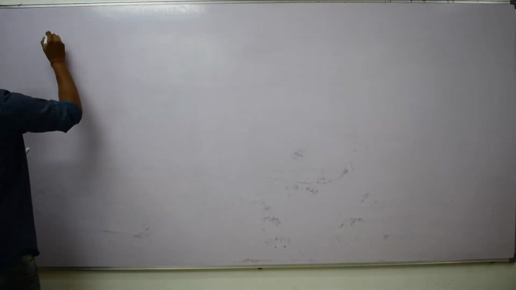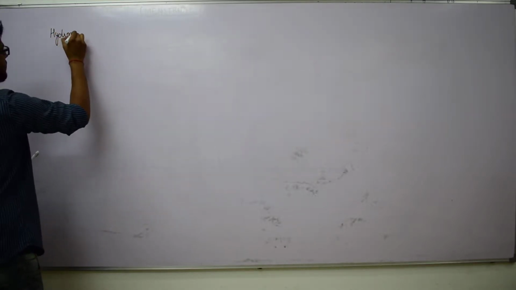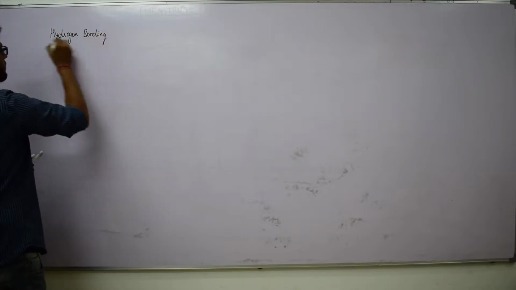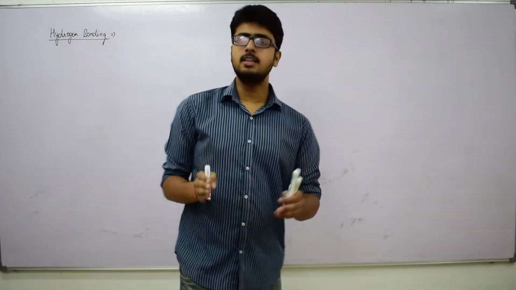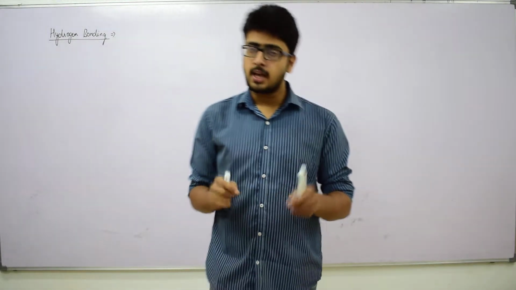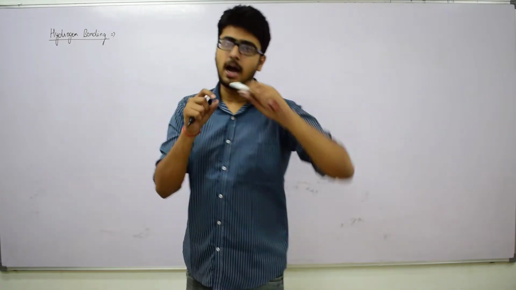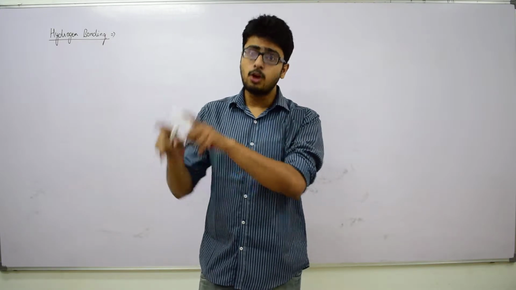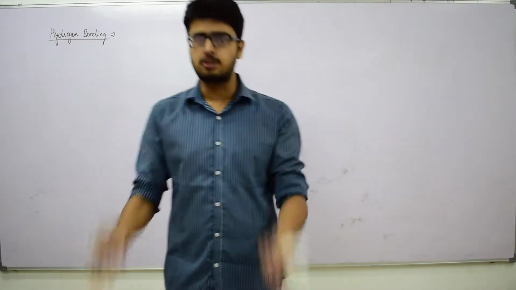So very first we have to discuss hydrogen bonding. As the name suggests, there is a hydrogen atom, and that hydrogen atom is bonded to the more electronegative atom of a covalent bond. This is the basic criterion for hydrogen bonding.